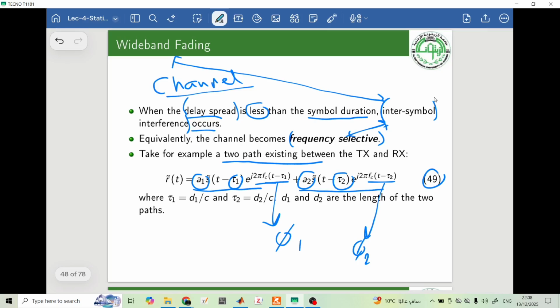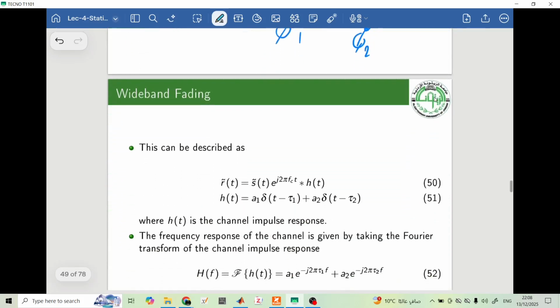Of course the delay depends on the distance traveled in each path. So usually the strongest path is the shortest path, because we have less distance covered, meaning that we have less power lost.